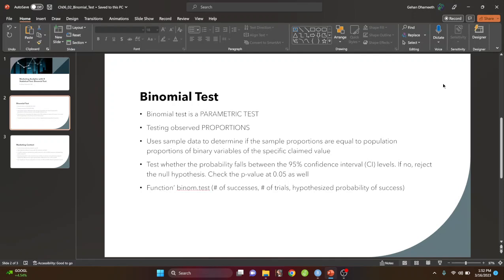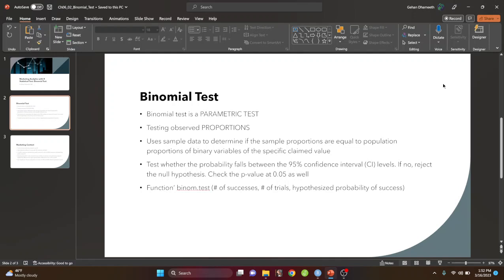This test also typically observes proportions. Unlike when you do chi-square test, where you try to understand the frequencies, binomial test tries to focus on proportional change.